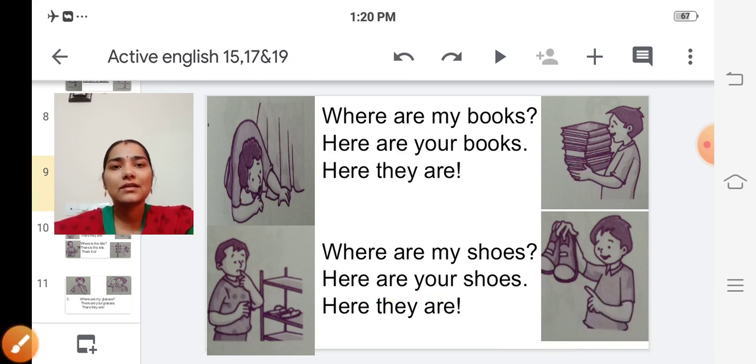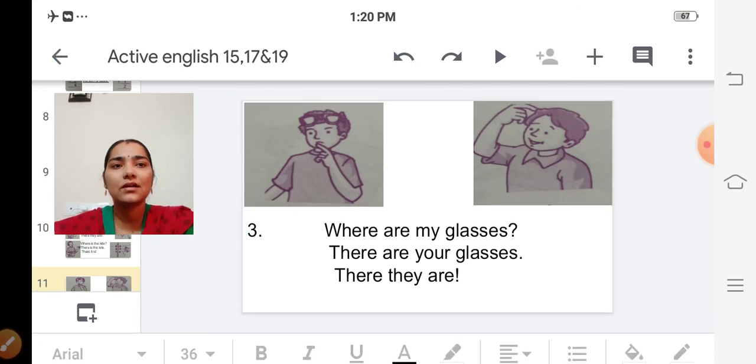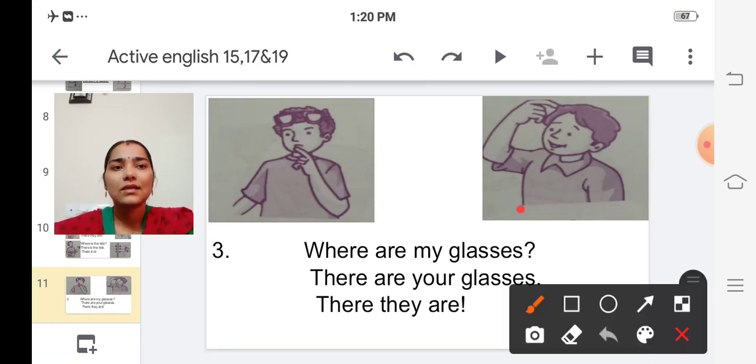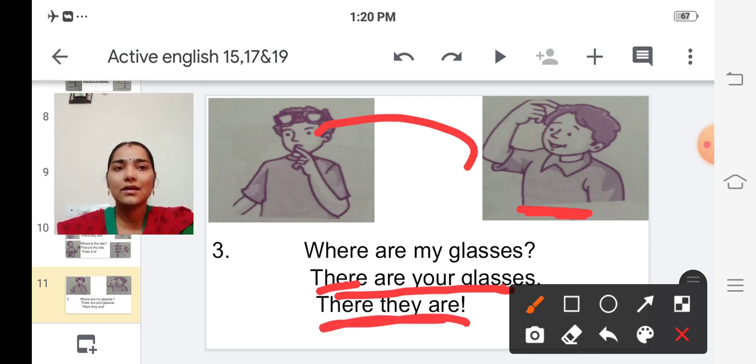But here they are not having. He is not having his glasses. So he answers, there are your glasses. There they are.